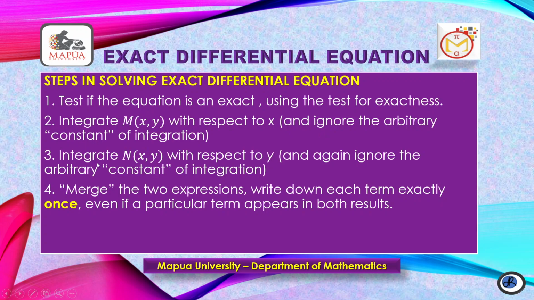Then integrate the coefficient of dy, which is N, with respect to y, again ignoring the arbitrary constant of integration. Then merge the two expressions, writing down each term exactly once, even if a particular term appears in both results. That's how to find the general solution for an exact differential equation.